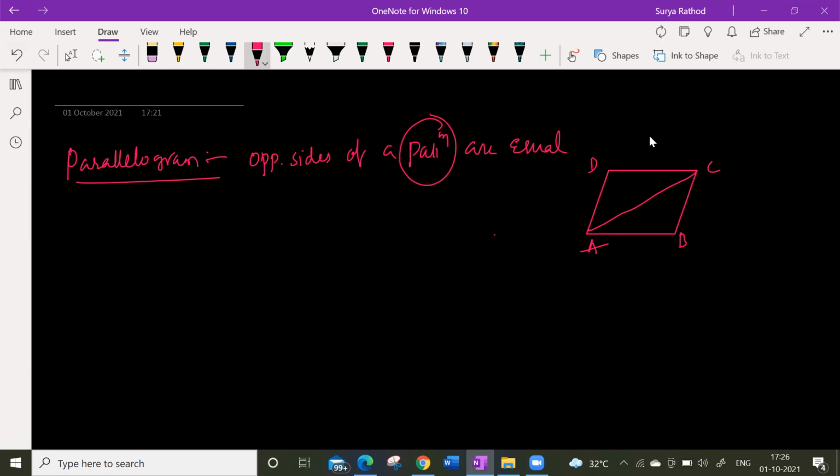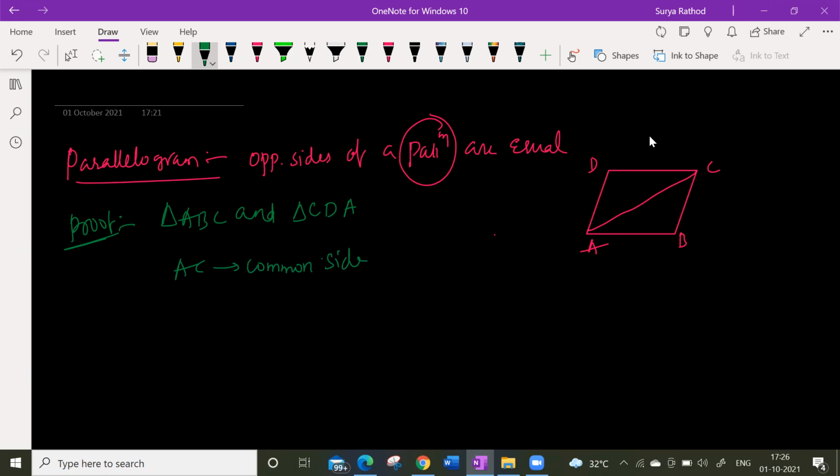So if ABCD is a parallelogram, here I have two triangles. What are they? Triangle ABC and triangle CDA. Here AC is a common side.